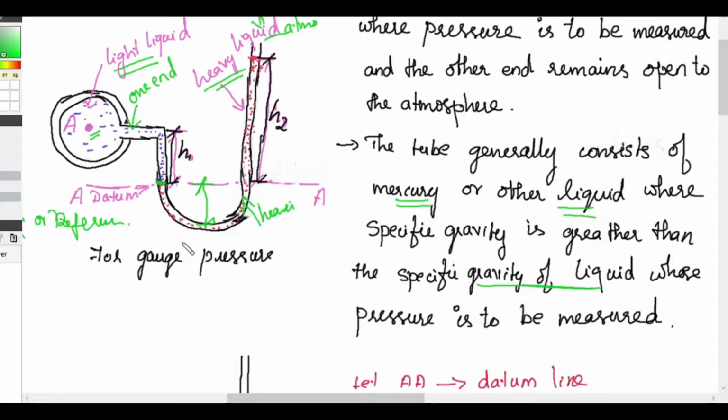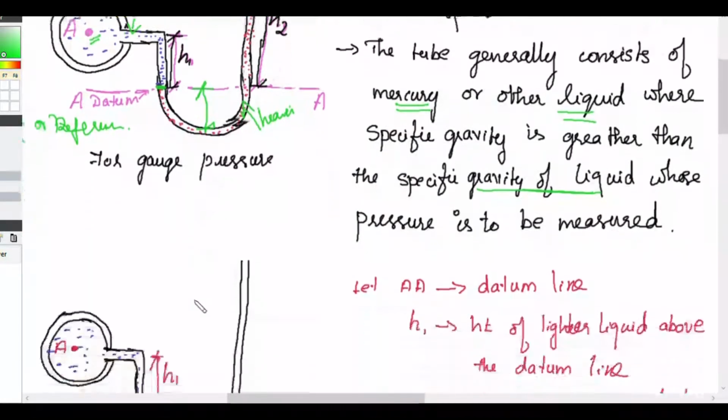For finding the gauge pressure, that is, if the heavier liquid is above point A, the datum is chosen at the point where the heavier liquid and lighter liquid get separated.